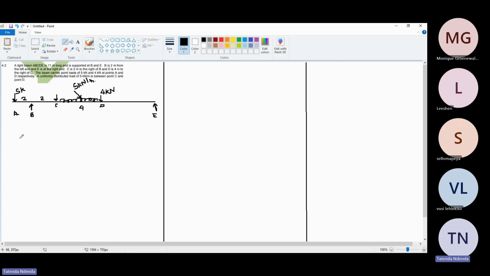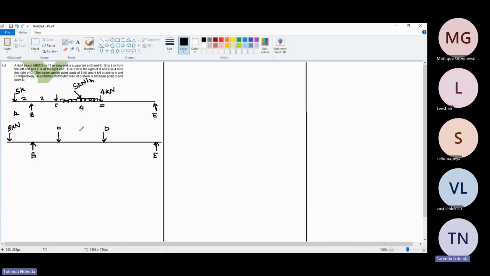So now this beam at the end of the day is going to look like this. This goes down like this as 5 kilonewtons, this goes like this as our B, this goes like this as our C, this goes like this as our D, and this goes up like this as our E, right?